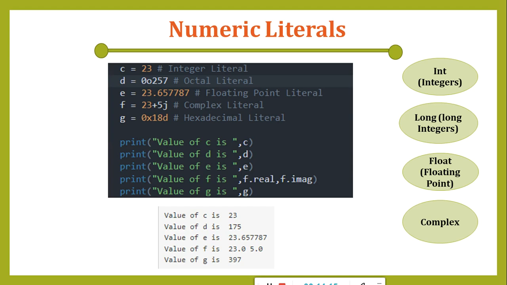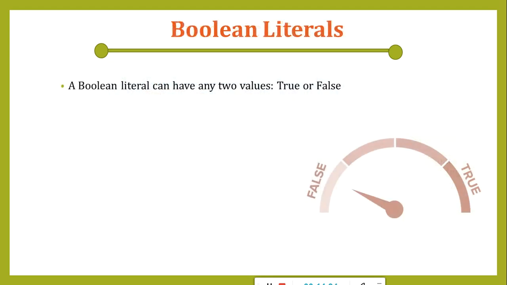And if we print the value of G, a hexadecimal literal was provided to G, and while printing it we get 397, which is the integer value of that hexadecimal number. So this is all about the numeric literals.